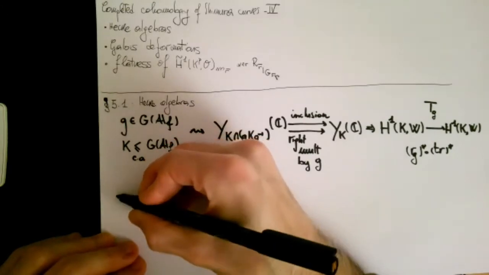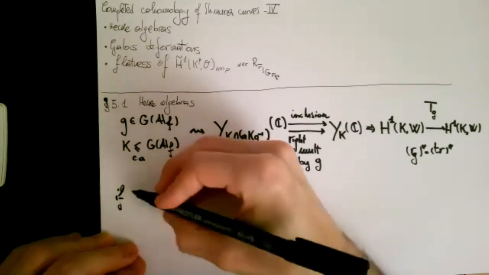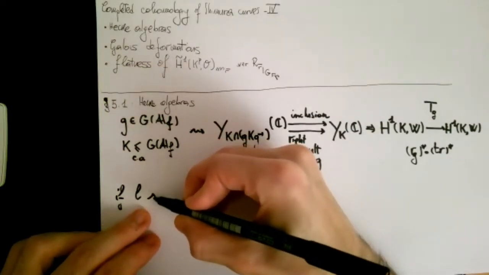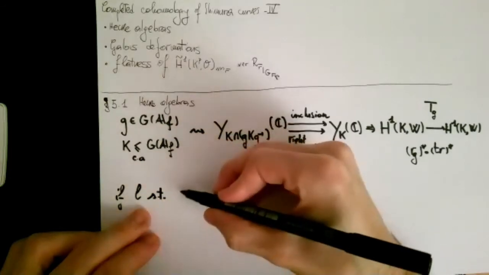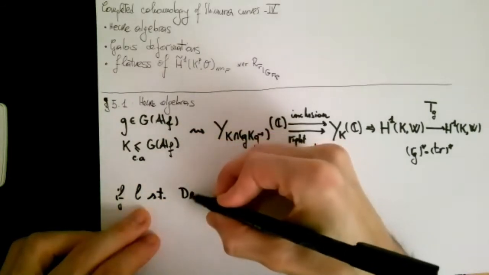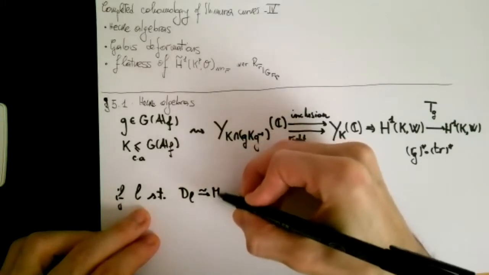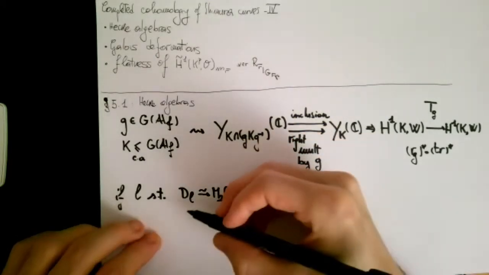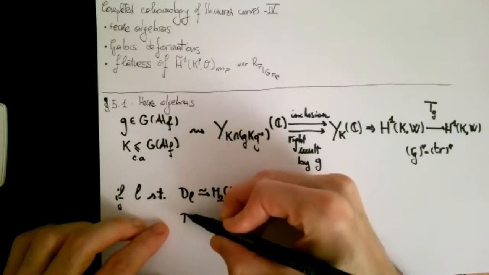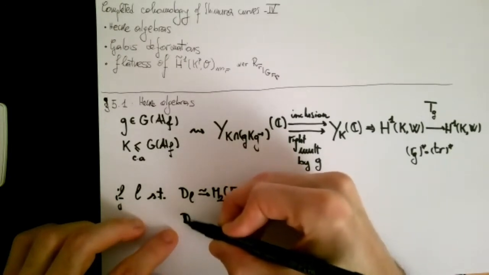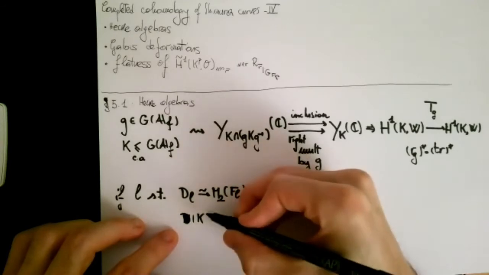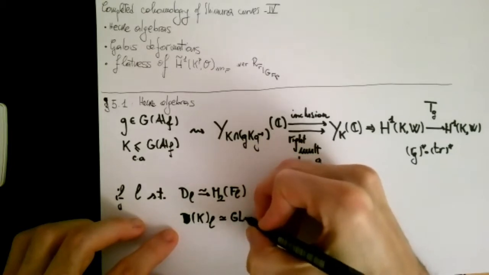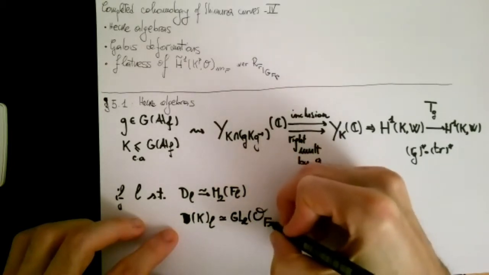So if I pick l a finite place such that B_l is split, so here we have F_l, and moreover, we have that K at l is isomorphic to GL_2 of O_{F_l}.